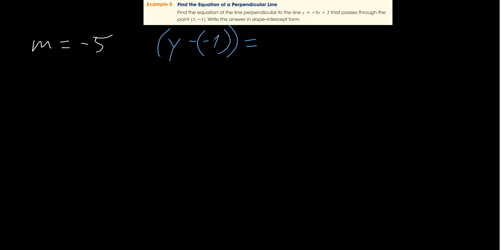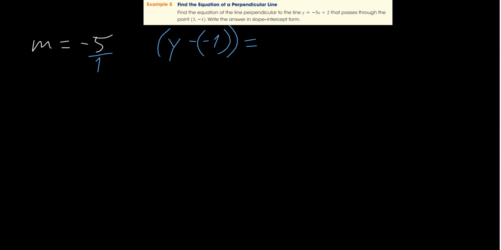Ooh, I almost messed up there. How did I almost mess up? Well, this is saying find the equation of a line perpendicular. So what is the slope perpendicular to negative 5? If I take the negative reciprocal, that basically means changing the sign, so it turns from a negative to a positive, and then it's 5 over 1.